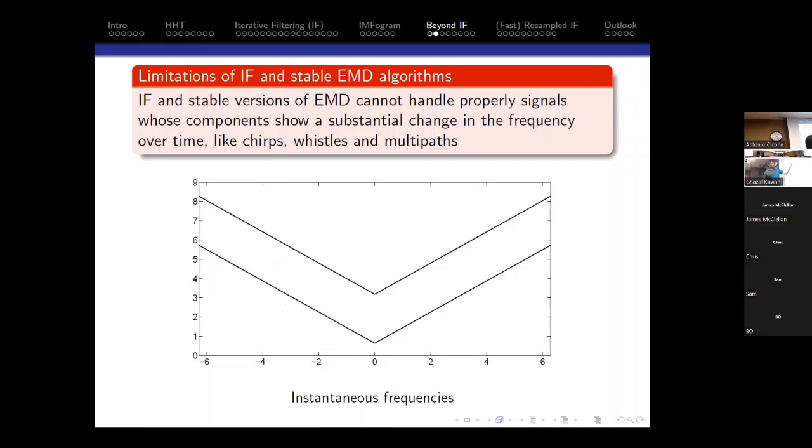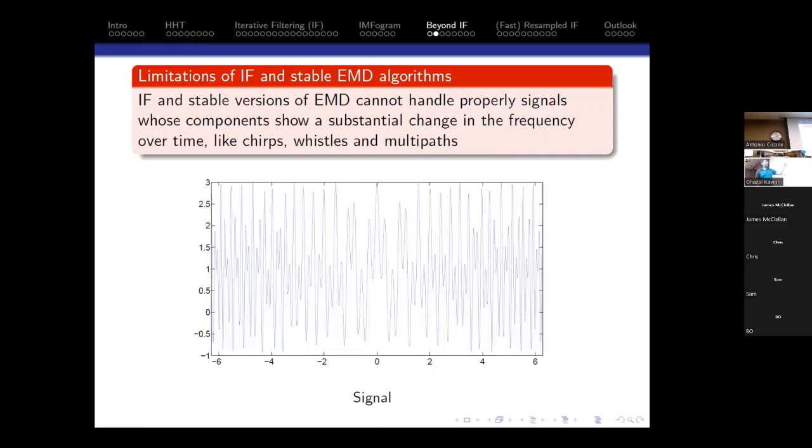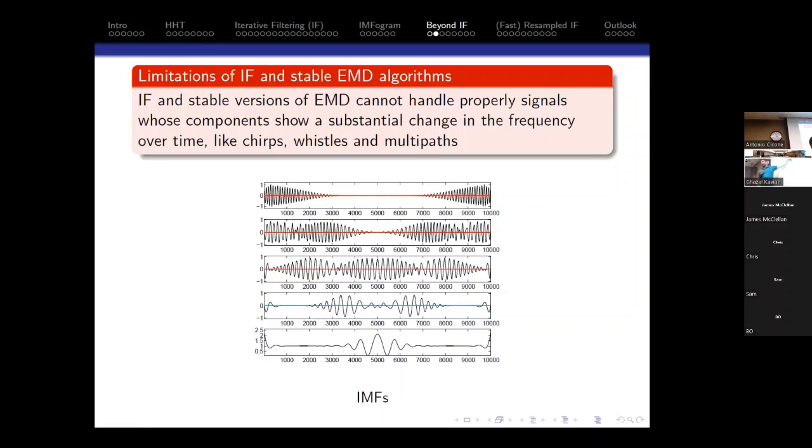Let's go back here. Iterative filtering is all about, in some way, a bandpass filter with a fixed bandwidth of frequency. You fix the highest frequency and you capture whatever is in that bandwidth. So you're going to have this part and that part, and in the middle, nothing, which is exactly what you have here.